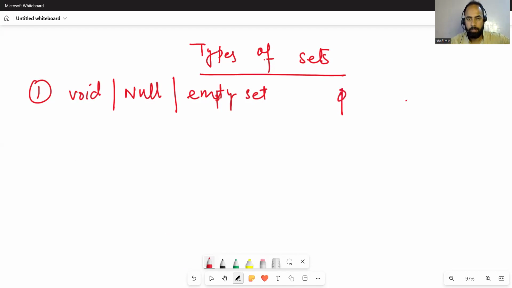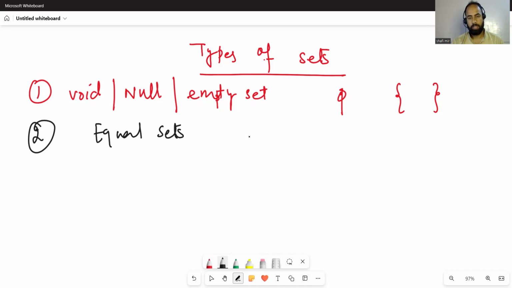It is represented by the symbol phi or these empty curly braces. You will ask, sir, what is the set which has no elements? Sometimes we can define a set which has no element. Suppose I ask you, set A is a set which has all natural numbers less than 1. So it's an empty set, because there is no natural number less than 1. Got it?